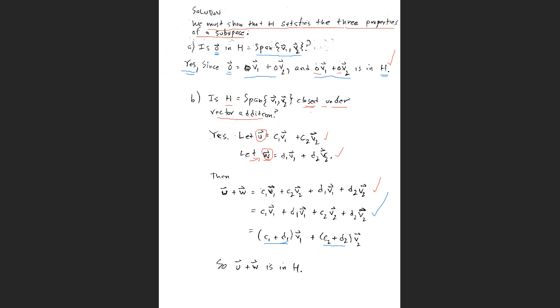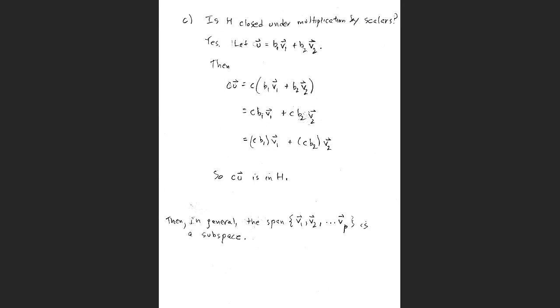Okay, there's a third condition now that we need to check. The third condition is, is my space H closed under multiplication by scalars? This is the third condition for a subspace.